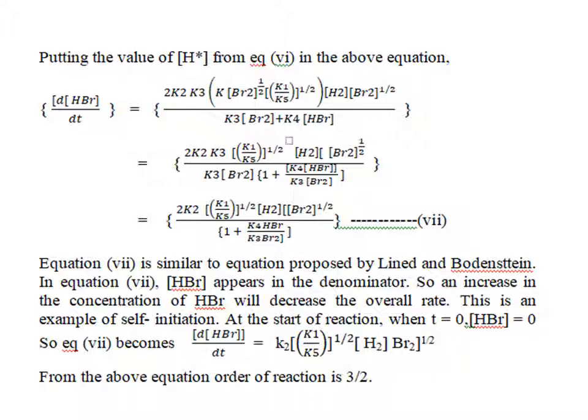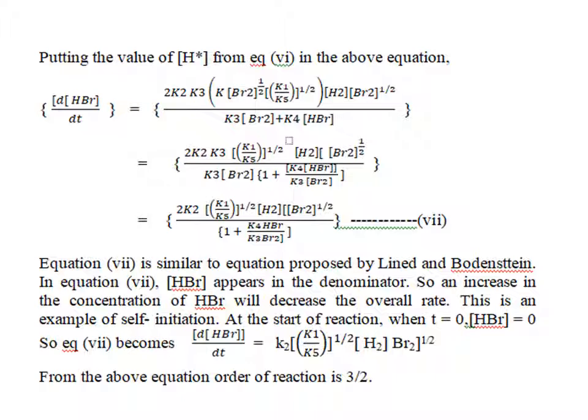At the start of reaction, when t is equal to 0, HBr will be equal to 0. Then equation 7 becomes dHBr over dt, that is equal to K2 into K1 over K5 under root into H2 into Br2 under root.